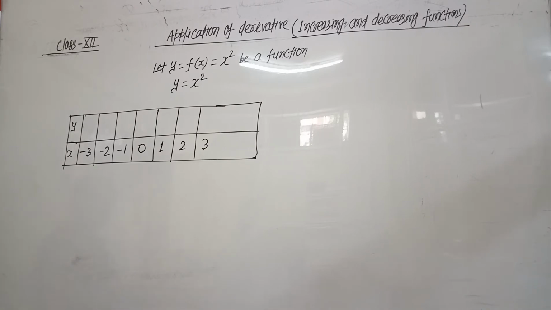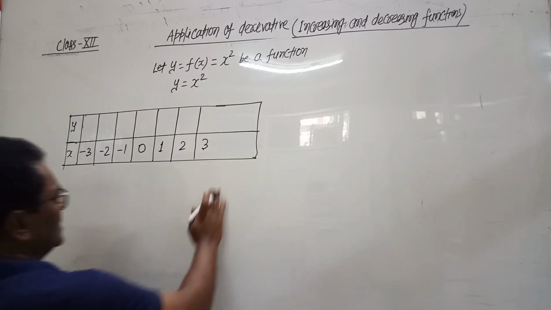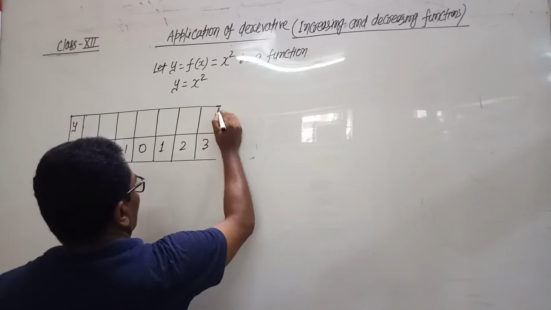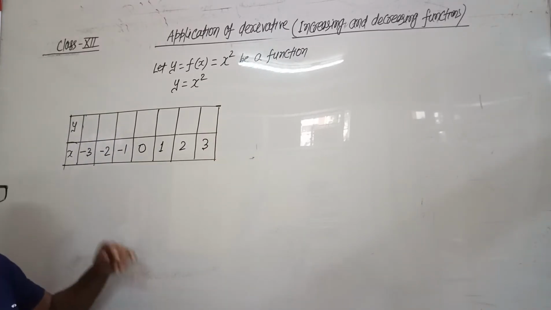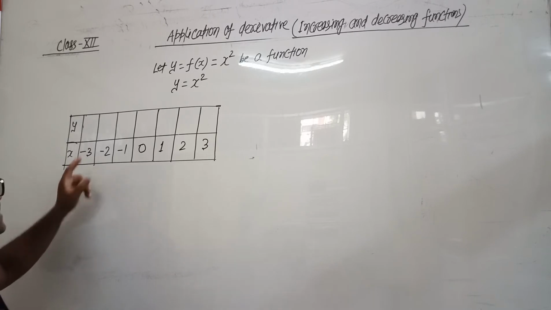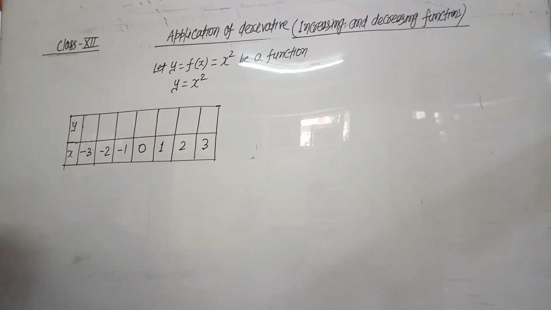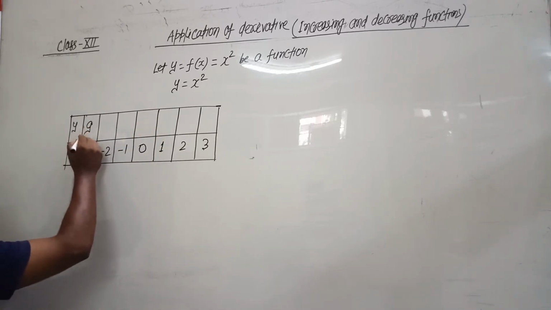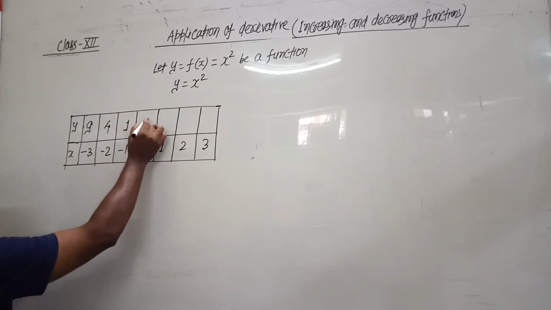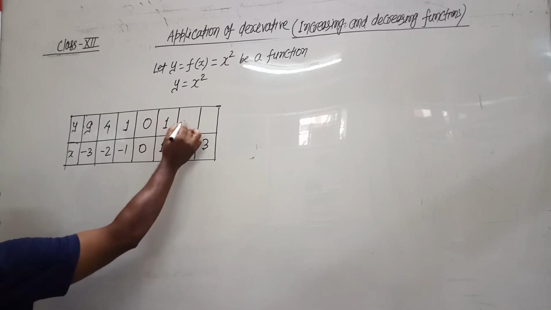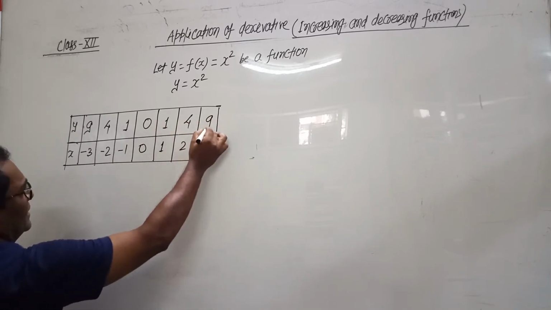We calculate the value of y corresponding to these points. When x equals -3, then y becomes 9, then 4, 1, 0, 1, 4 and 9.